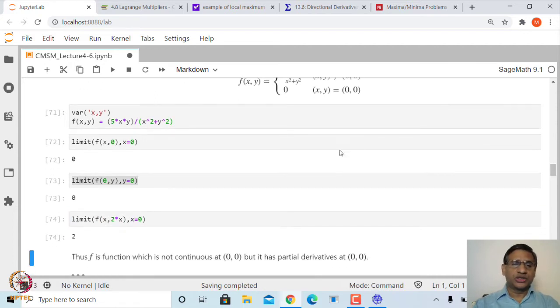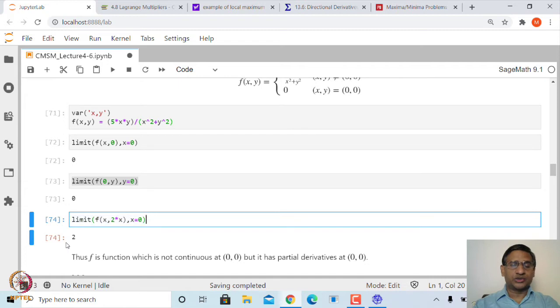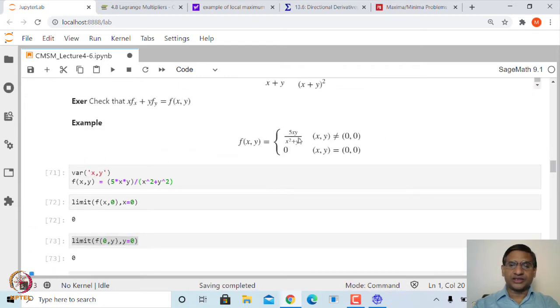So the limit along the x axis and along the y axis, both are 0, whereas the limit along the y equal to 2x curve is 2. That means this function doesn't have a limit at (0,0). In particular, this function is not continuous at (0,0).